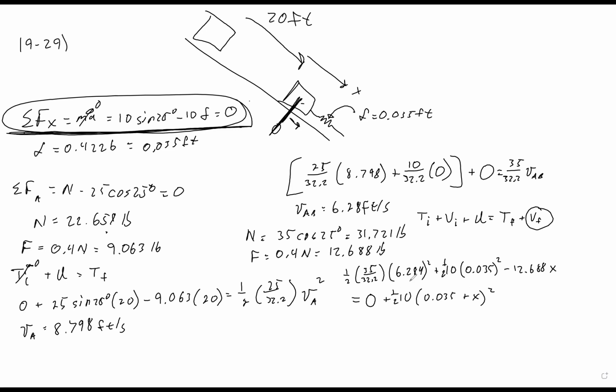Okay, and then we're also going to have the potential energy of gravity. So that's going to be below the starting point, and that's going to be the weight, because it's gravity, times however far traveled, sine 25 degrees. Okay, that one might not be so obvious.